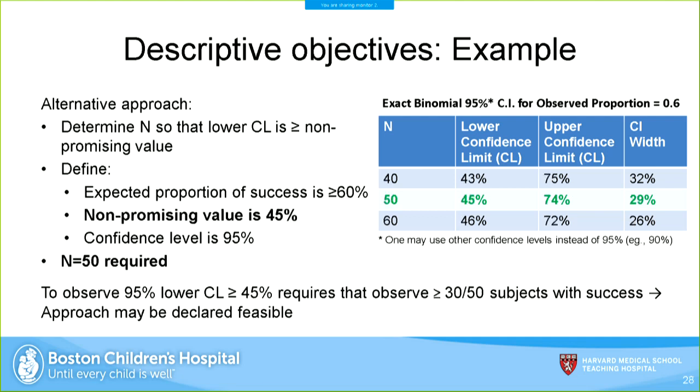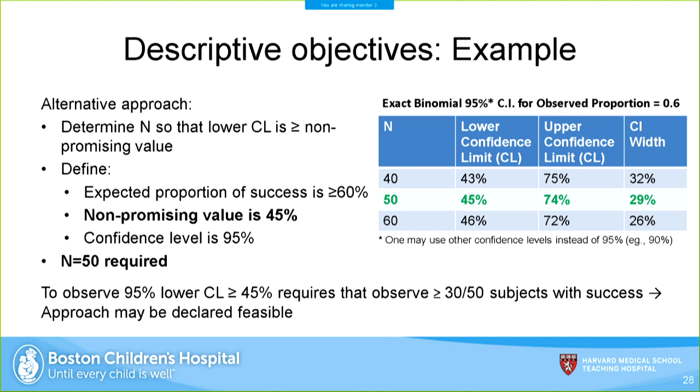Of course, if you wanted a higher non-promising value, you would need a higher sample size. Let's say you wanted a non-promising value of 45%, then you would need 50 individuals to rule out with 95% confidence that your feasibility rate is not less than 45%.